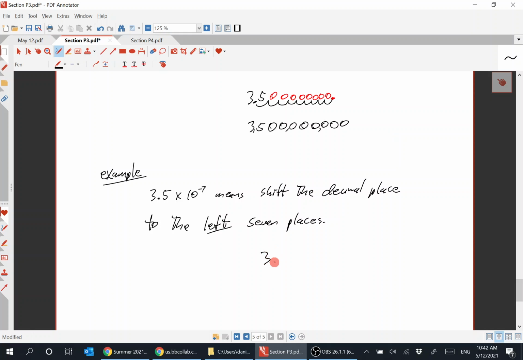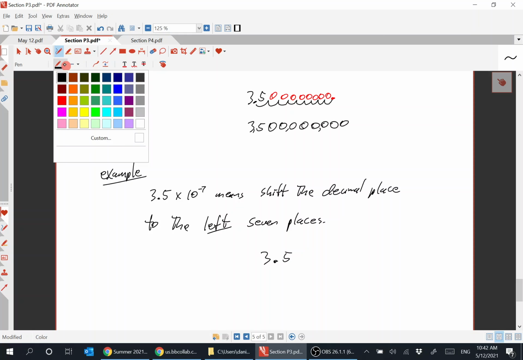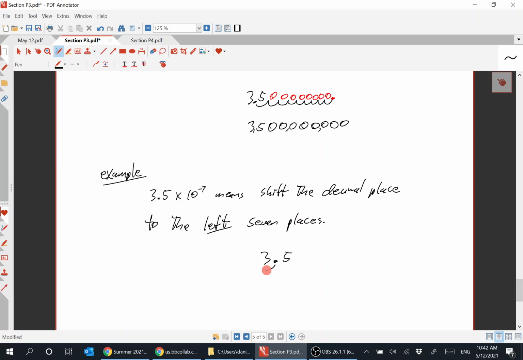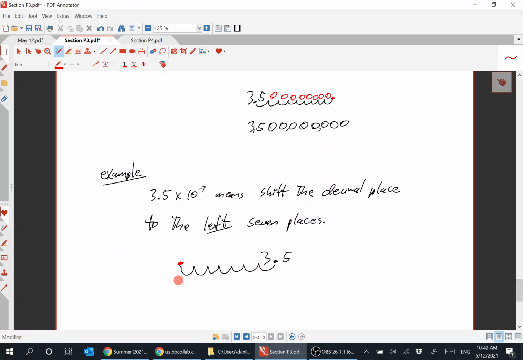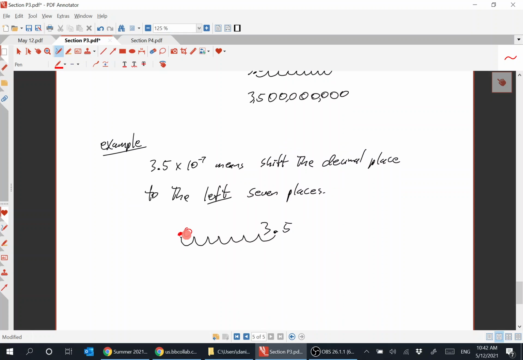So here we've got 3.5. Now I'm going to shift the decimal place 1, 2, 3, 4, 5, 6, 7. And the new decimal spot will be here.